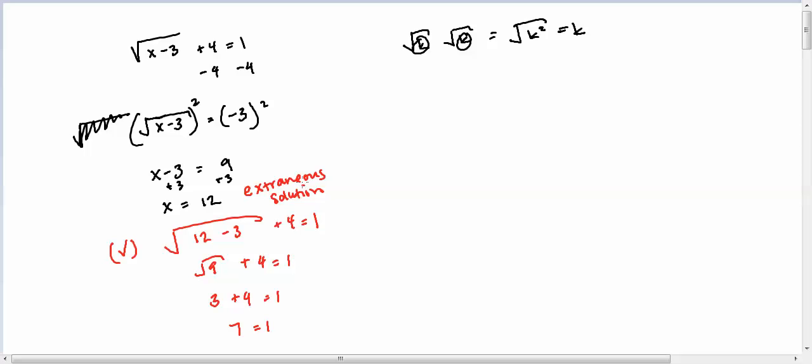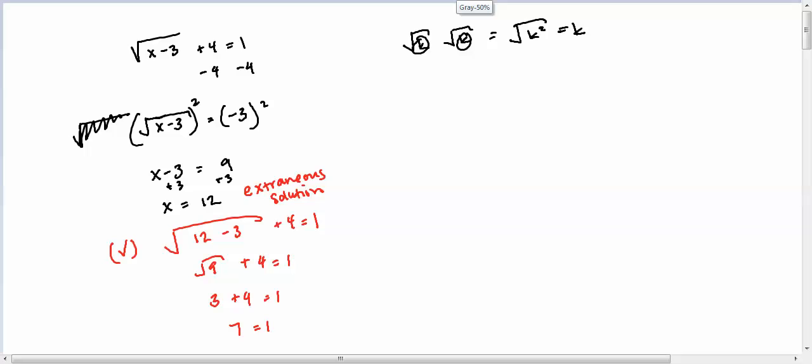And I don't think that the text, or I haven't seen a whole lot of people, give a really good explanation as far as what that means. Why do we get these extraneous solutions? That doesn't make any sense at all. And I'll tell you why, okay?